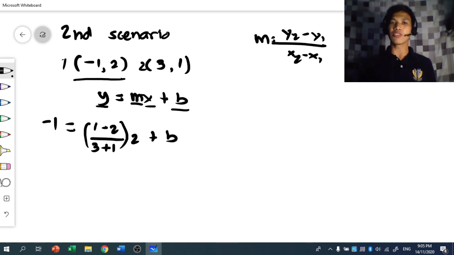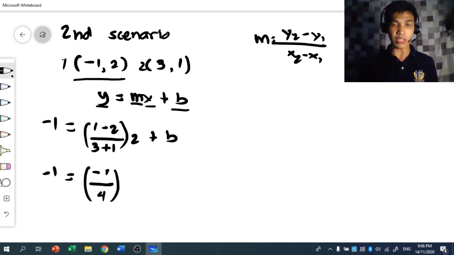So, again, our goal here is to find the value of the y-intercept, or the value of b. Okay, so let's continue. That will be equal to -1 is equal to 1 minus 2, that will become -1 over 3 plus 1, that will become 4, times the quantity of 2 plus b.